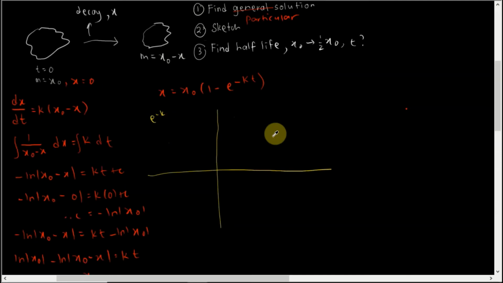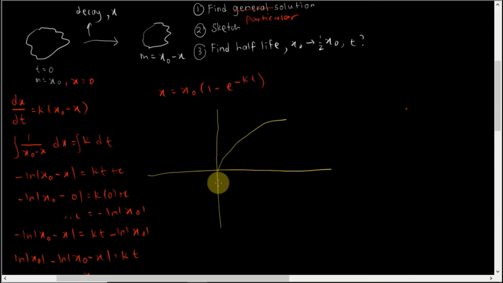Since I have negative e^(negative kt), it should be like this. Yes, it should be like this. Normally it passes through negative 1, but since there is a 1, it moves up, so it passes through 0. So it should be like this.